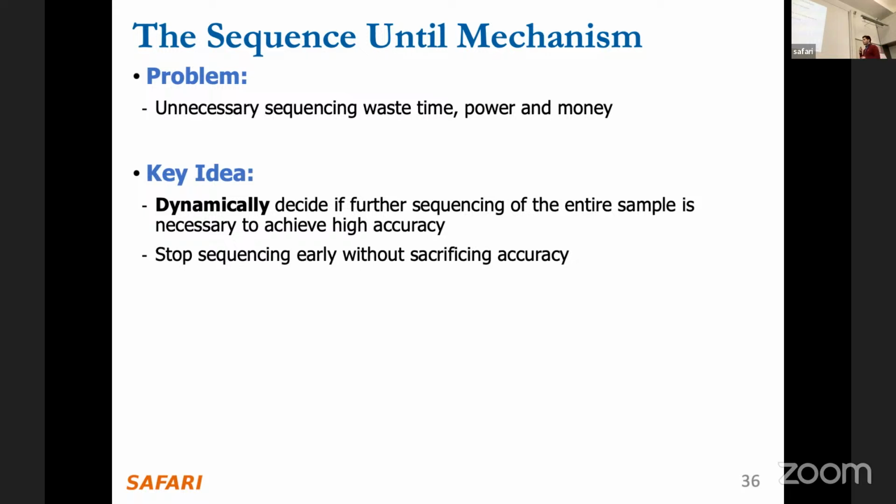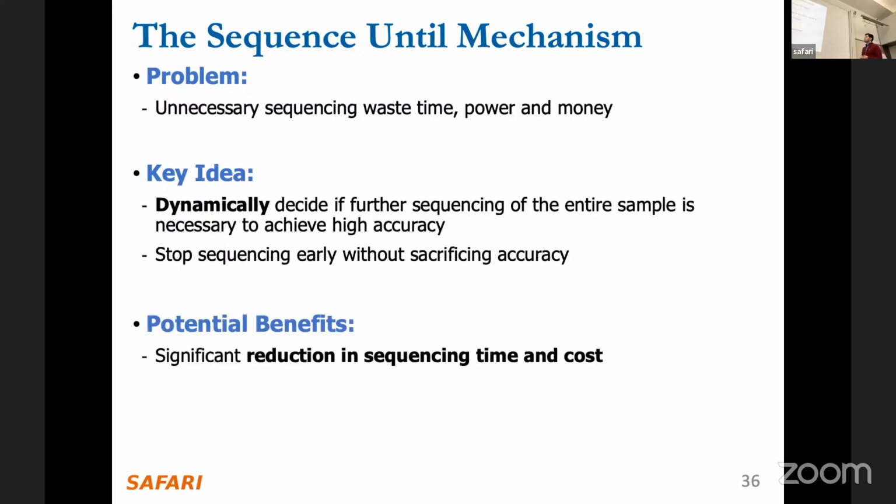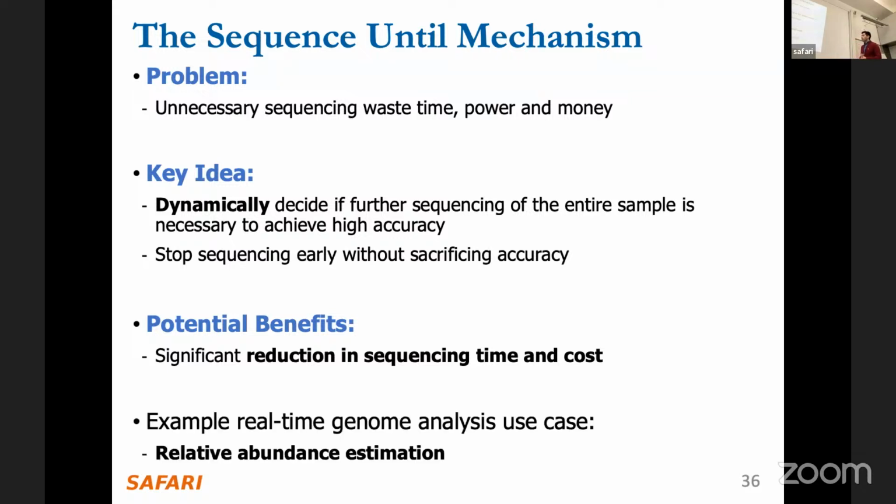If the answer is no, we can stop sequencing early without sacrificing accuracy. The potential benefit of this approach is a significant reduction in sequencing time and cost, and we evaluate this.